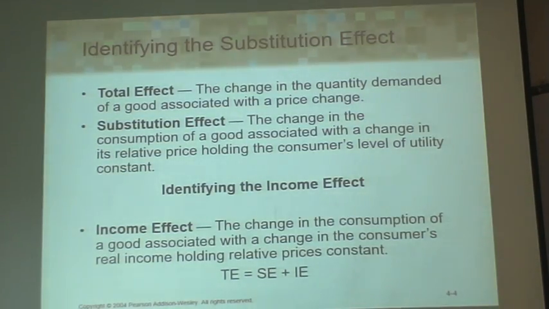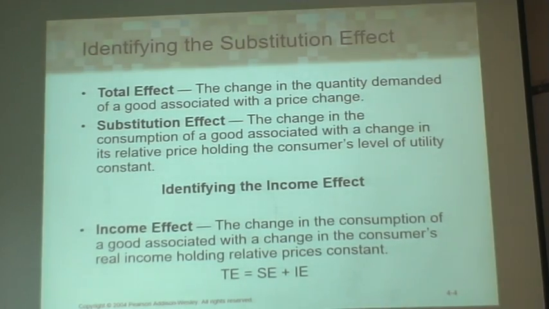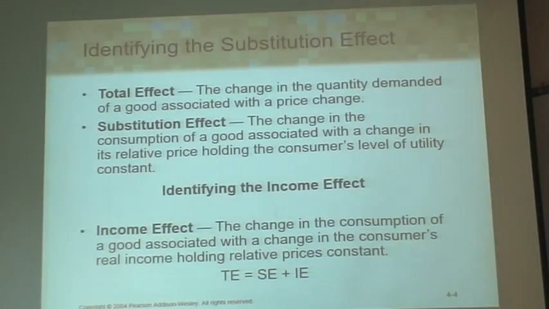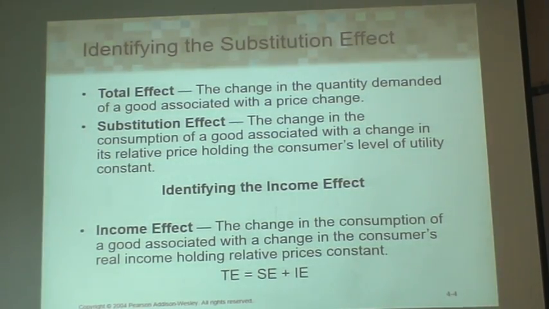So let me repeat this again. We need to figure out what's the price effect. Price effect has two parts: substitution effect and income effect. Substitution effect for all goods is always negative because price goes up, you buy less. Price goes down, you buy more.